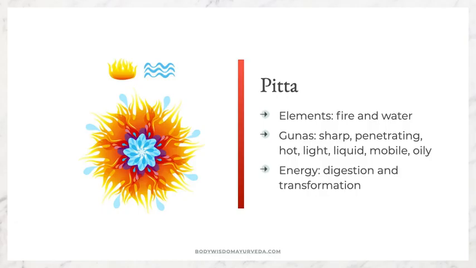In the body, it's responsible for our appetite, our digestion, absorption, and assimilation. In nature, we see pitta in heat and humidity. So the time of year associated with pitta is late spring and summer, when the weather tends to be hot and humid. The time of day associated with pitta is 10 o'clock to 2 o'clock.